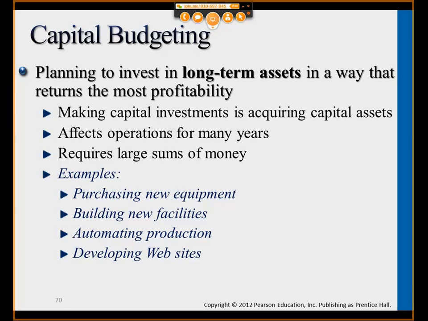So in addition to altering our operations for many years, capital investment is also a hit in the sense of how much money it requires, okay? So it's not your regular purchase. It's usually a large sum.